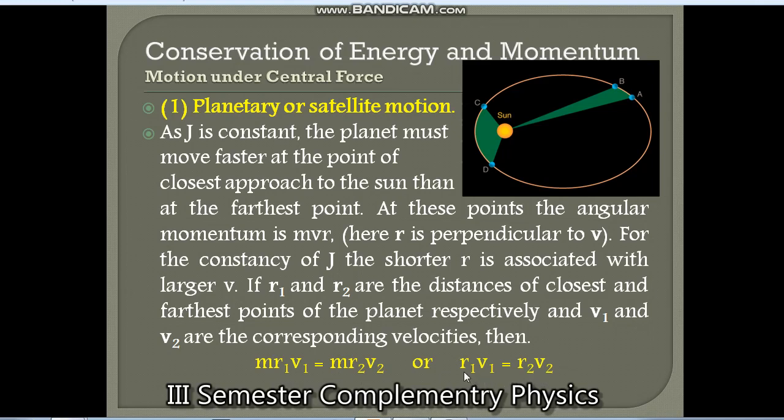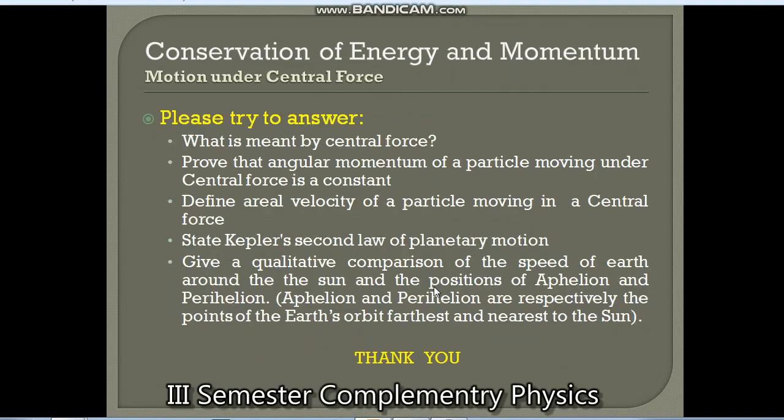At perihelion, r1 is minimum, so v1 should be maximum. At aphelion, r2 is maximum, so v2 will be minimum. This is another conclusion obtained from the conservation of angular momentum in the case of planetary motion.